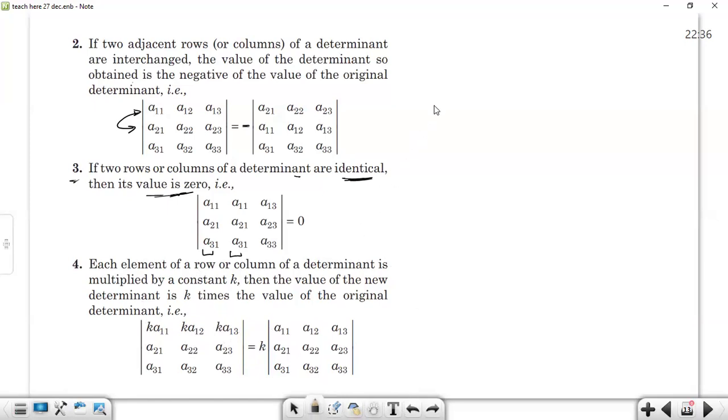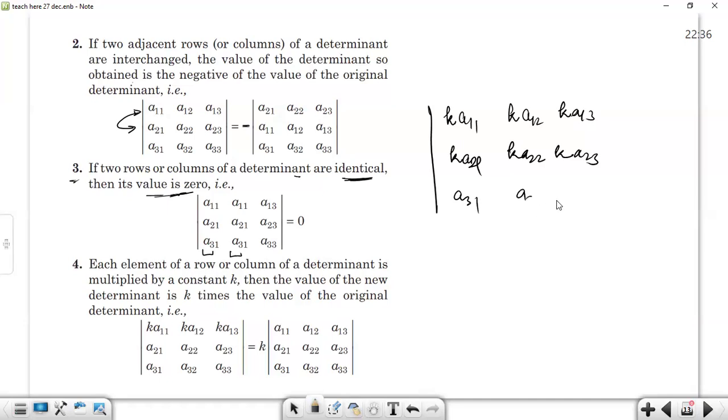And if you divide k from two rows, then you will have to multiply k square into the determinant of the remaining matrix, something like that, right?